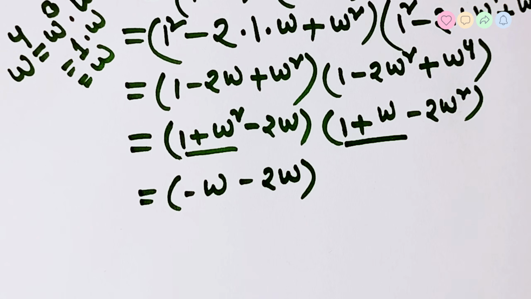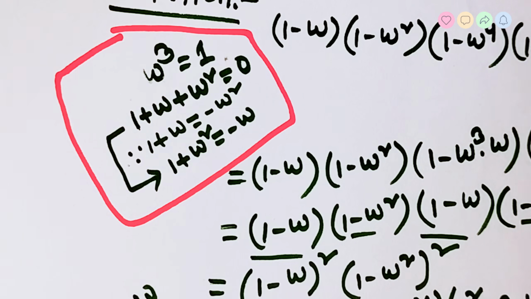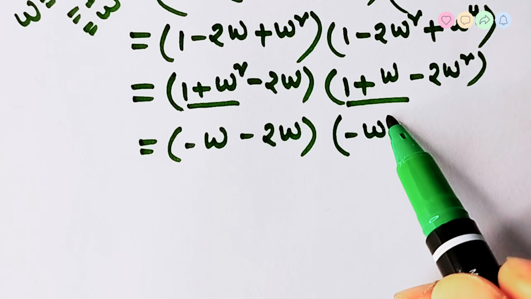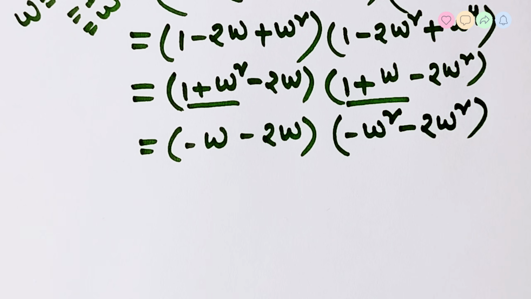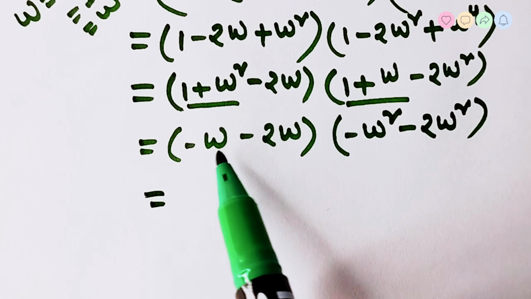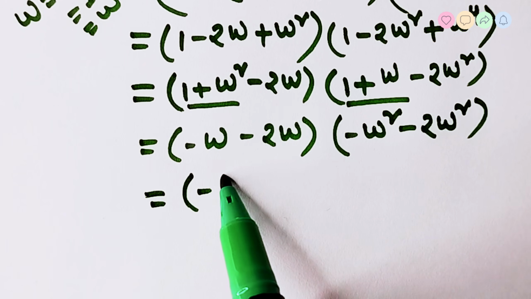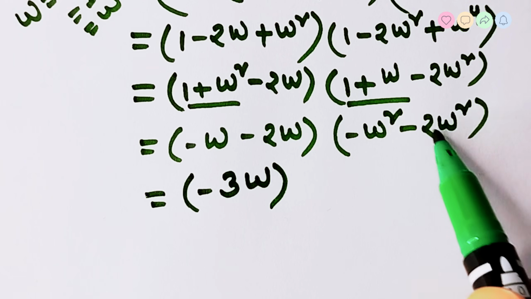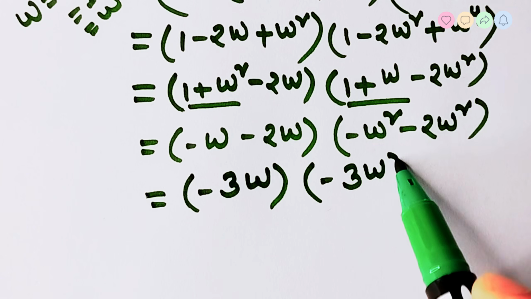And 1 plus omega is minus omega square, so we can write minus omega square minus 2 omega square. Now minus omega and minus 2 omega is minus 3 omega. Minus omega square minus 2 omega square is minus 3 omega square.